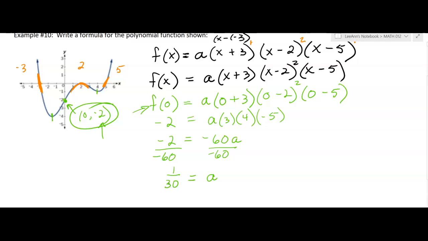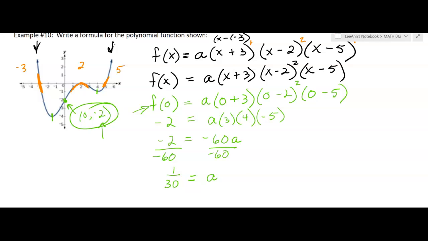Okay, so now we're ready to write the polynomial of least degree for this graph, okay? And we know it's the actual polynomial. I didn't talk about end behavior, but you can look at the end behavior, right? We know it's going to have an even degree, and there aren't any more turning points, so we're going to feel pretty confident about this.